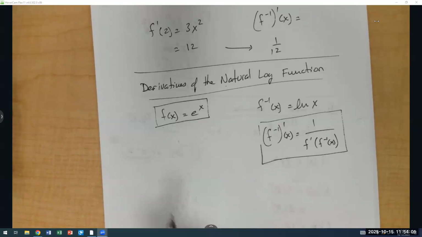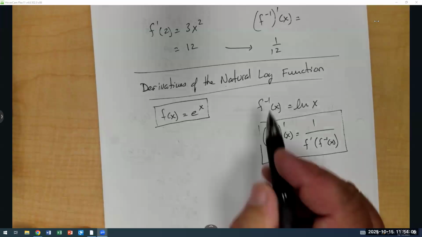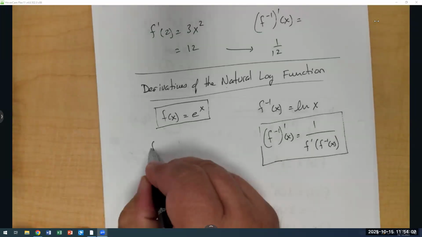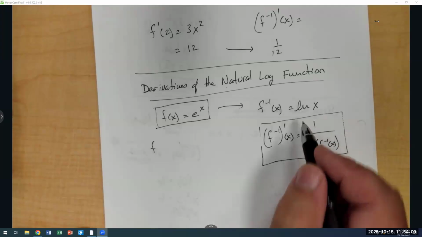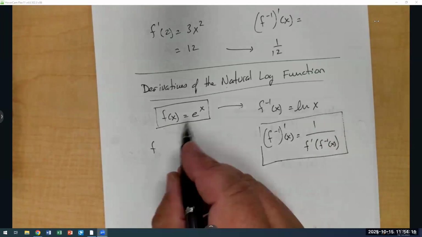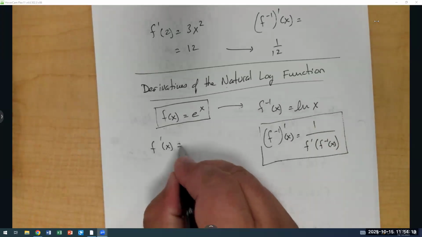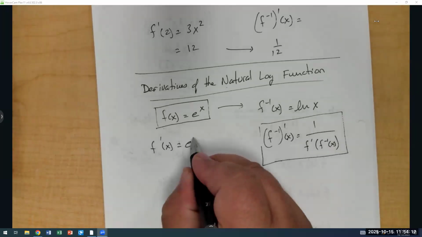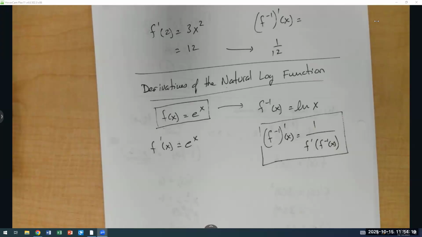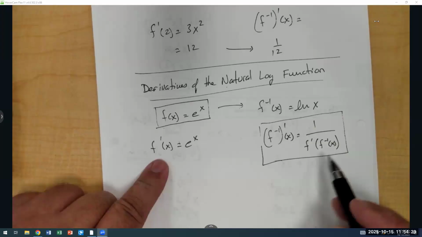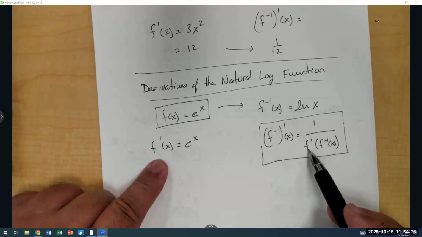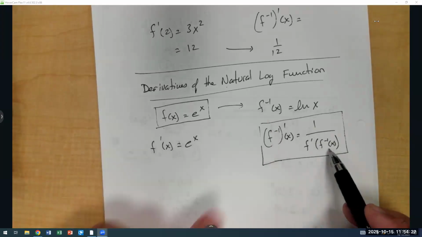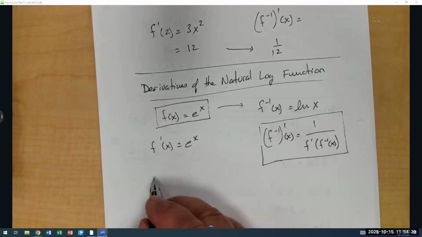The first thing we have to find is what? Okay, we'll find the derivative. I was going to say we'll find the inverse, but yes, we use the derivative. The derivative of e to the x is e to the x. So now we have our derivative, we have our inverse function, we can put them together.